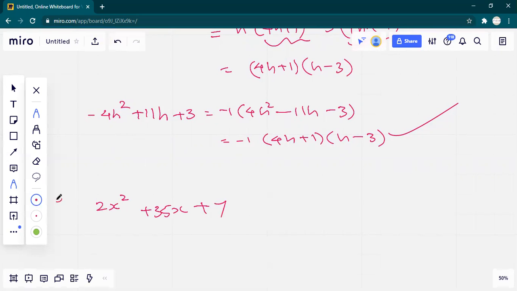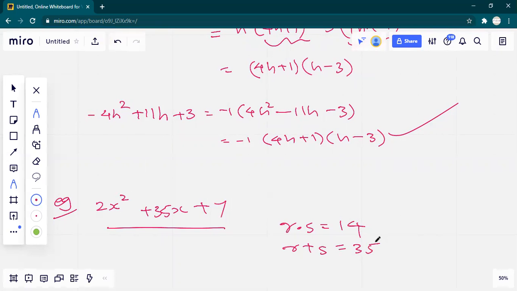This trinomial cannot be factored in the above style, because there is no combination of numbers whose product r times s is equal to 2 times 7, which is 14, and r plus s is equal to 35.